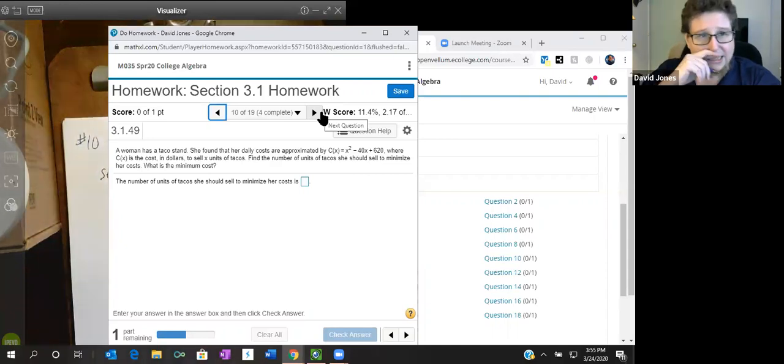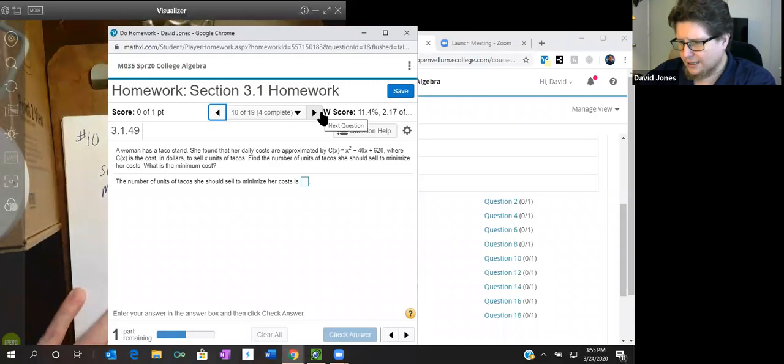That's how much it costs. Find the number of tacos to minimize her costs. She wants to minimize C of x, the cost. What we've got going on here is this is the number of tacos, and this is the cost.